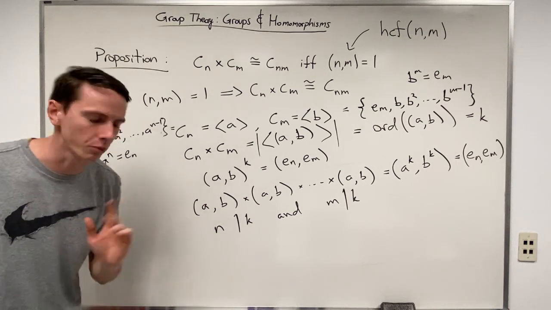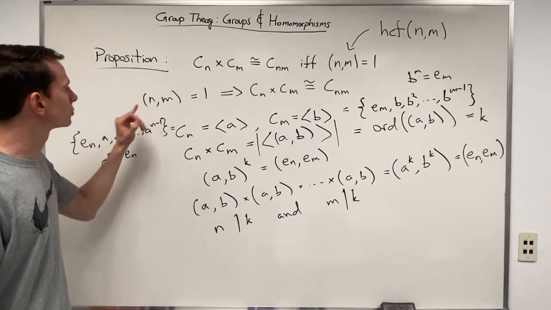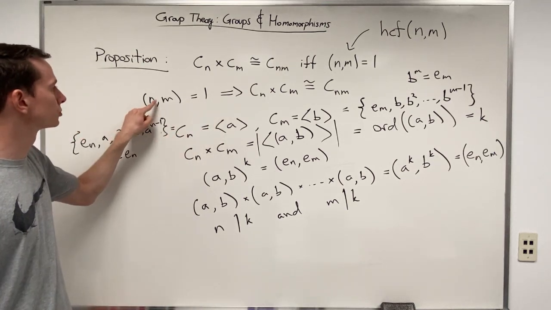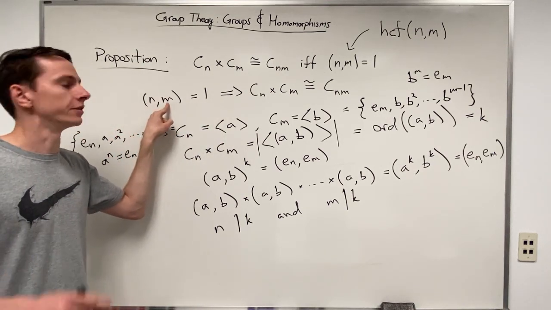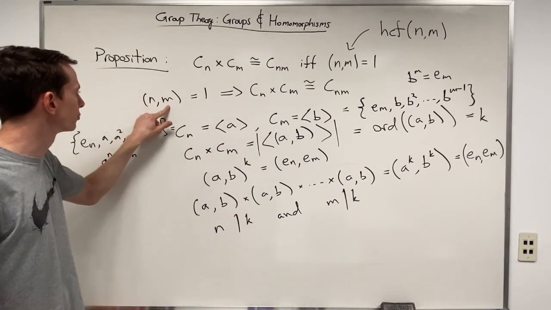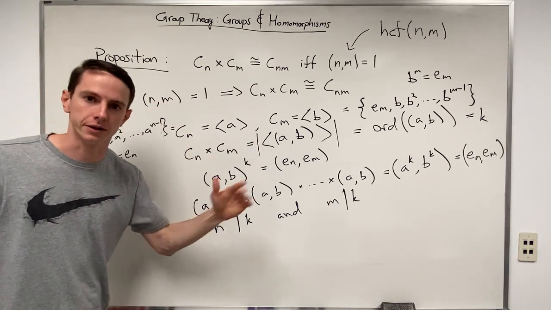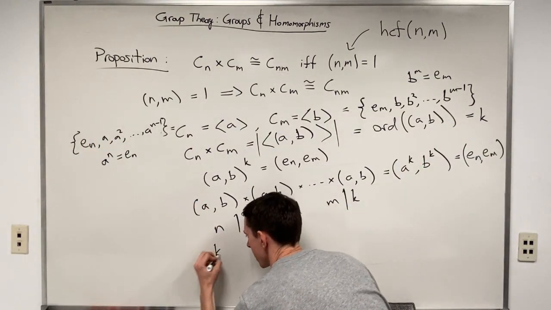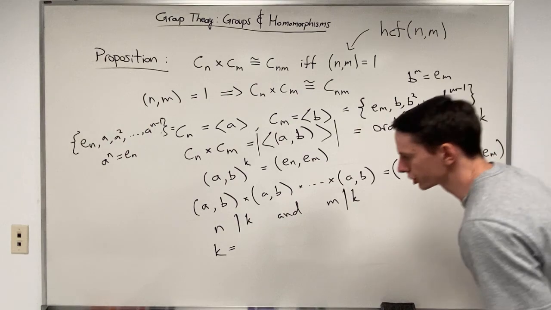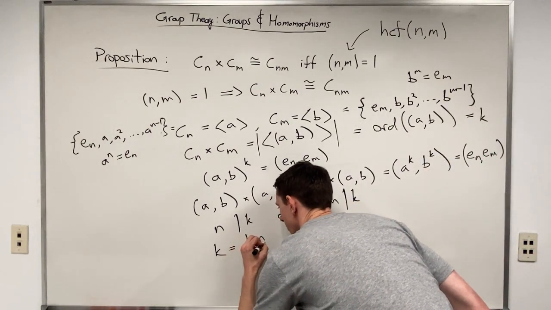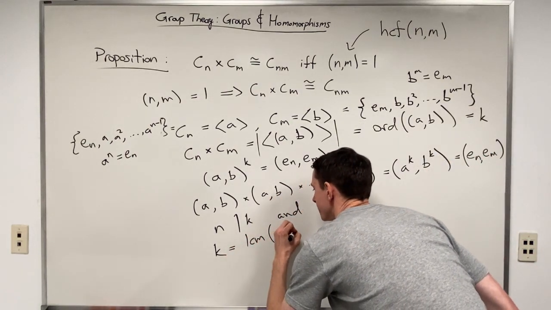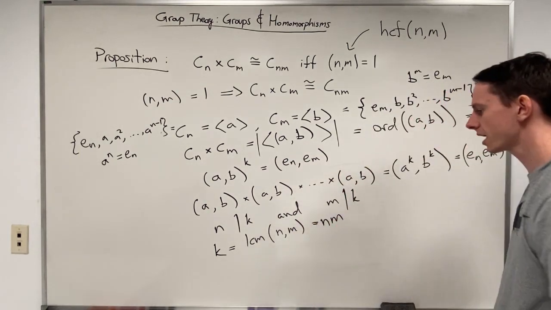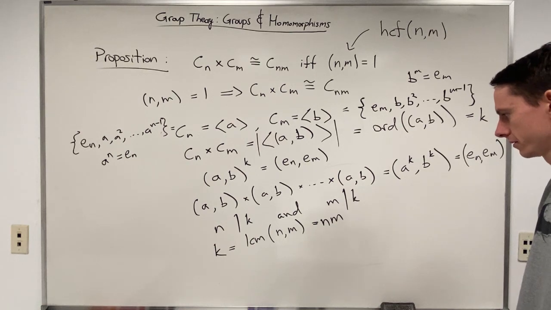Let me say that one more time. Because the greatest common factor between them is 1, and k is an integer multiple of both, the smallest integer multiple of both of these is simply going to be their product, n times m. So this ends up telling us that k is going to be the least common multiple between n and m. And in the case where they are co-prime, that is simply their product, n times m. All right.